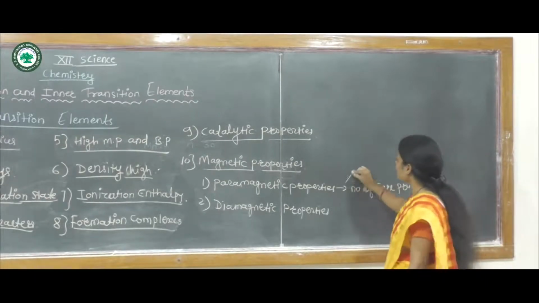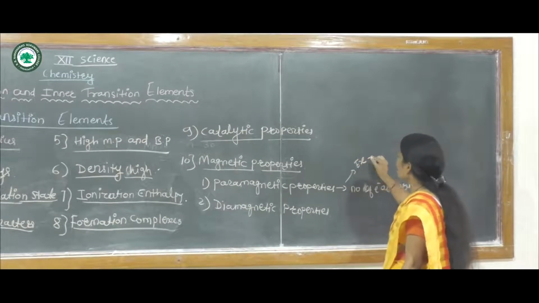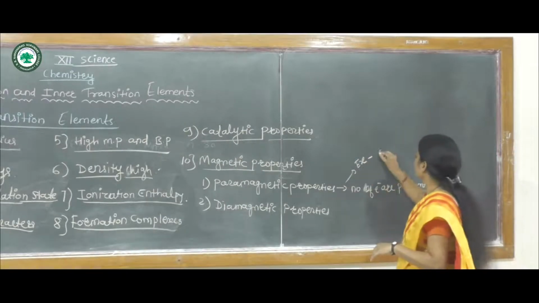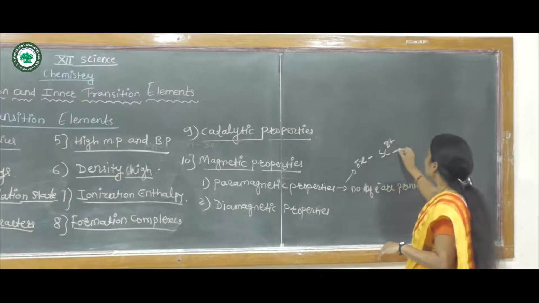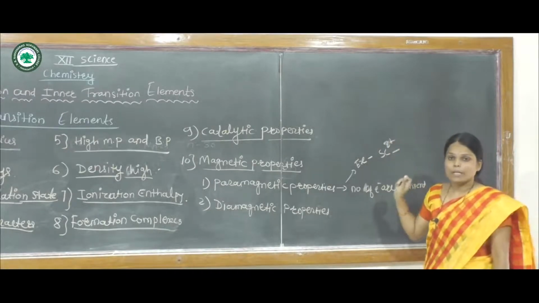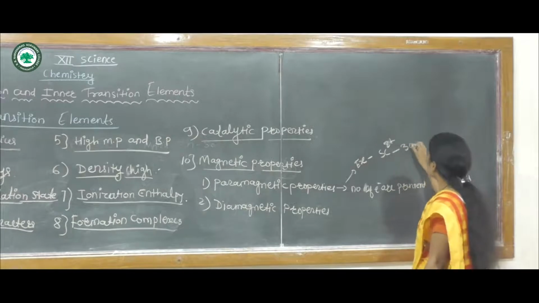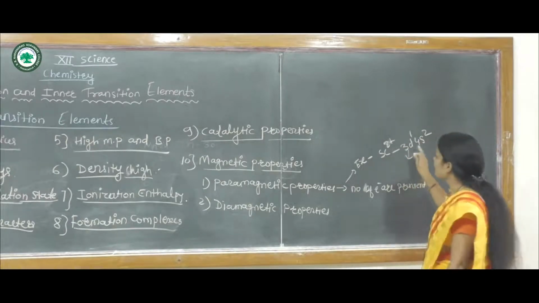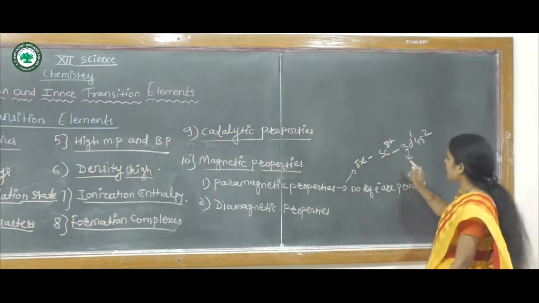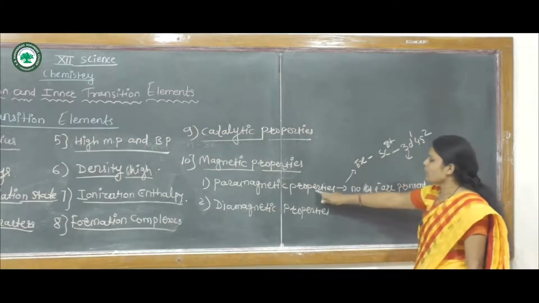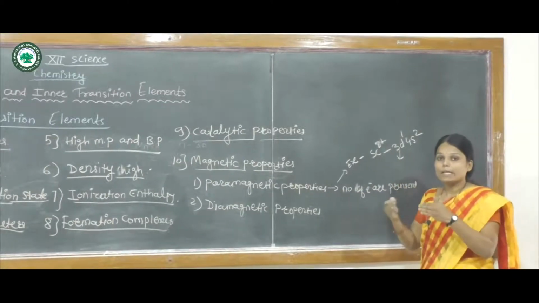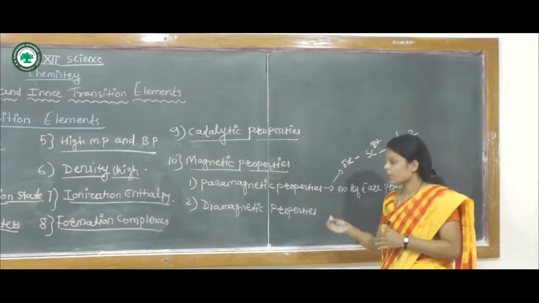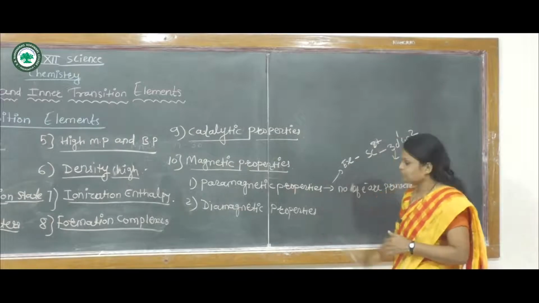For example, scandium 2+ has 3d1 and 4s2. Here the number of unpaired electrons is 1, and that's why paramagnetic properties are shown, and as the number of unpaired electrons increases, the paramagnetic properties also increase.